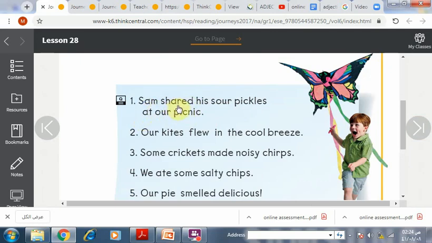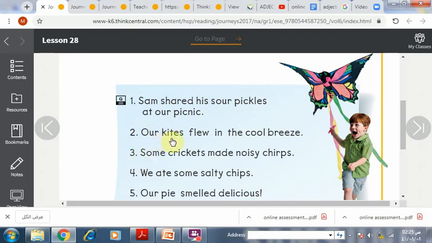No, this is something I can do. That's a verb. His? No, that's a possessive pronoun. What about sour? Is it a describing word? Yeah, what does it describe? It describes how the pickles taste. So, this is the adjective. You can circle it, and here you can write taste.